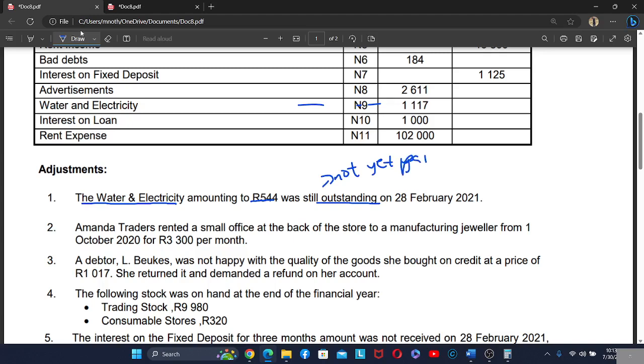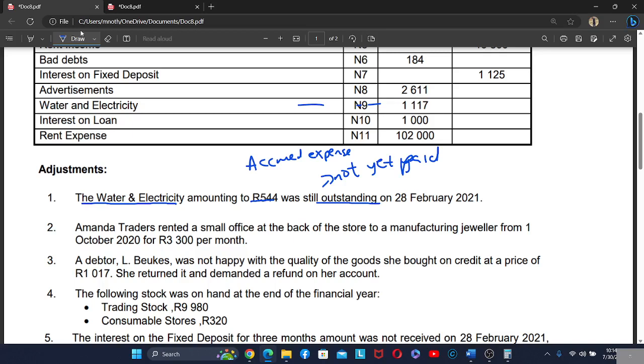So if the expense is not yet paid, what do we call that? We call it an accrued expense. Sometimes they may say payable, which is the same thing as not yet paid, or still outstanding. That is still the same thing as the accrued expense, only if they're talking about the expense account.